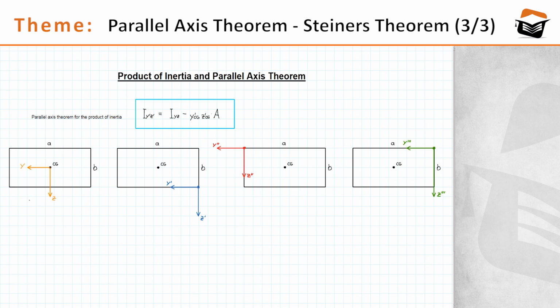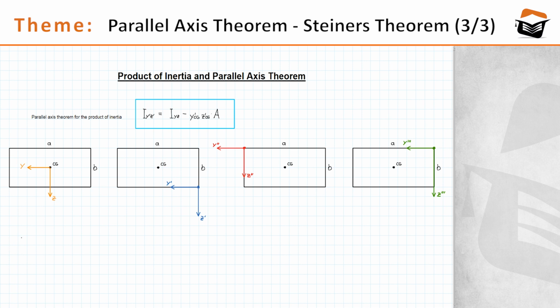Let's start with the centroidal coordinate system, and for that coordinate system, things will be very simple, as you know from the text. If you have a coordinate system with at least one axis of symmetry, the product of inertia becomes 0 for that coordinate system. In our case, we have actually 2 axes of symmetry, both y-axis and z-axis.